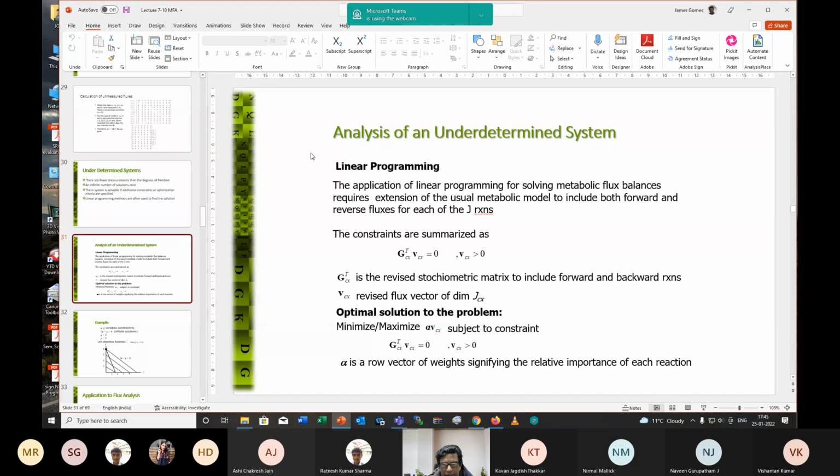So when you're doing an underdetermined system, keep in mind that you have to ensure that the model has included both the forward and reverse reactions.